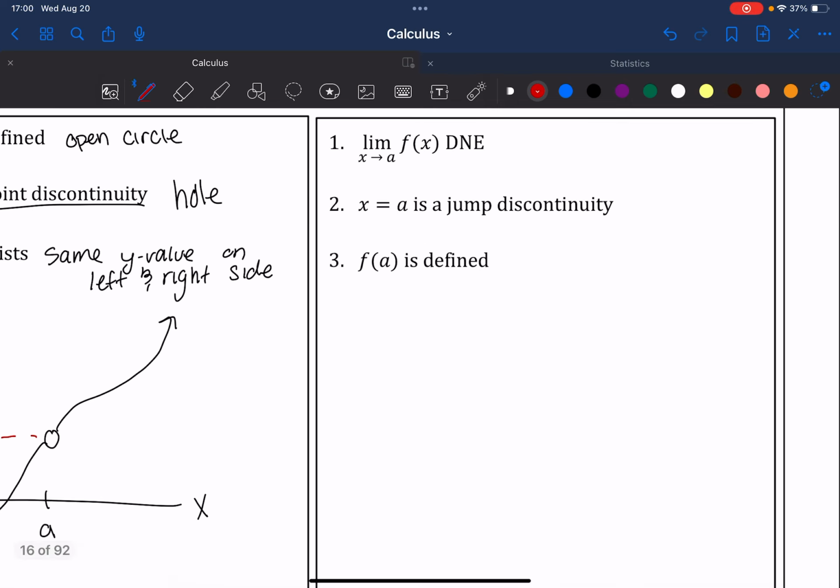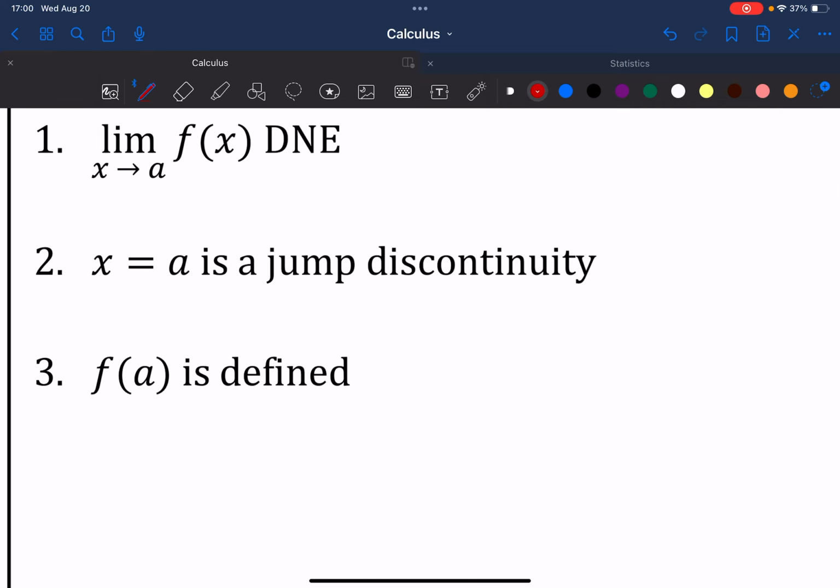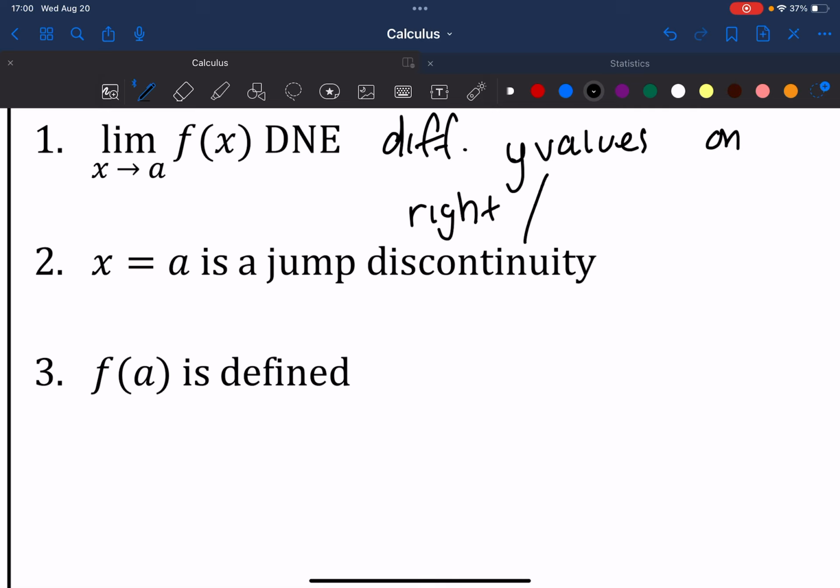And then lastly, we're going to look at this one here. And this one is giving us 3 different conditions. The first one's saying the limit does not exist. Well, if it does not exist, then that means they have to have different y values on the right and left side. That means they're not equal anymore because it does not exist. Then x is equal to a is a jump discontinuity.